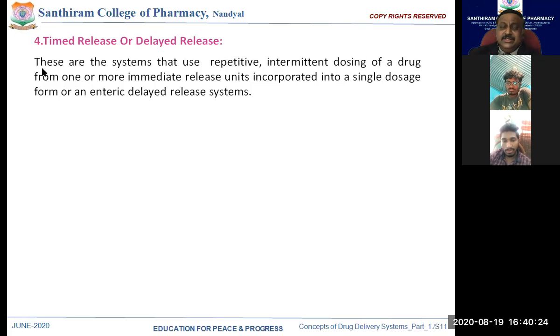Initially the first dose will be released, say for example in the first 30 minutes, or it will be active for the first 3 hours after administration. Then the second dose will be released after 3 hours, and the third dose after 6 hours. The time has been fixed and controlled here. That is why they are called time release or delayed release. Hope this is clear.